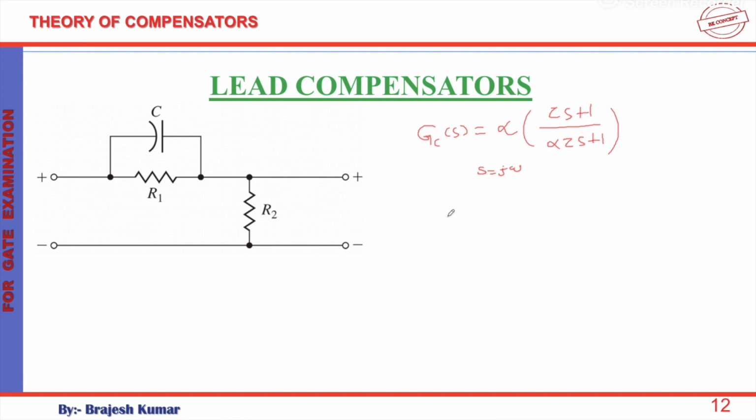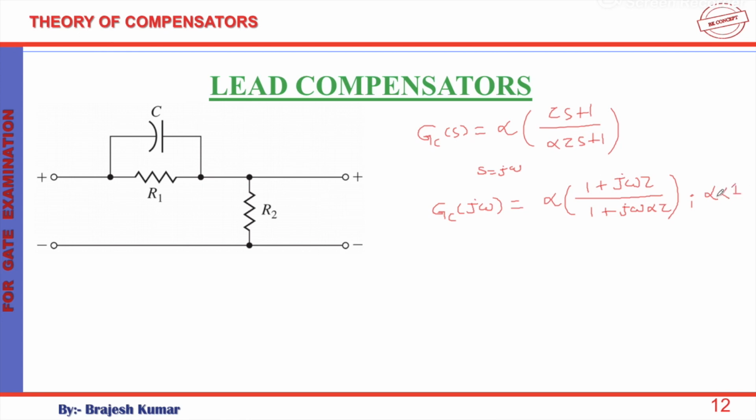So the sinusoidal transfer function becomes Gc(j omega) equal to alpha multiplied by, taking one term beforehand, (1 plus j omega tau) divided by (1 plus j omega alpha tau), and of course alpha is less than 1.